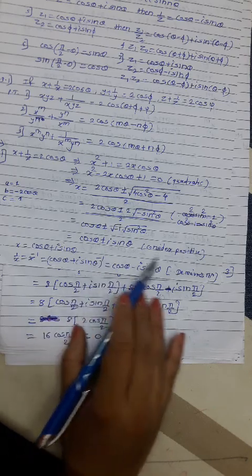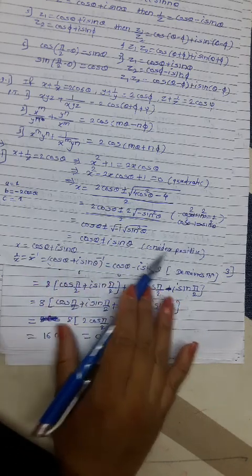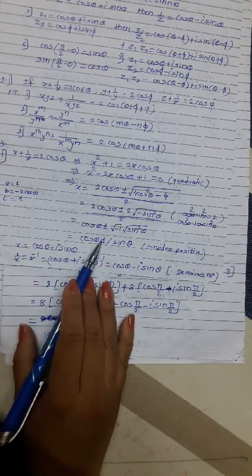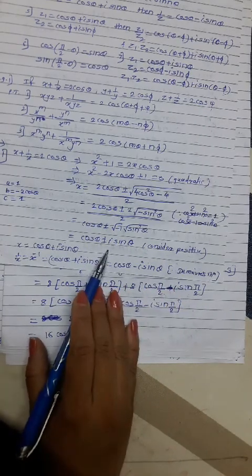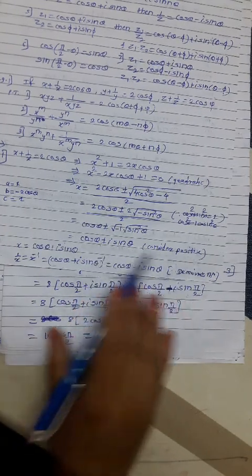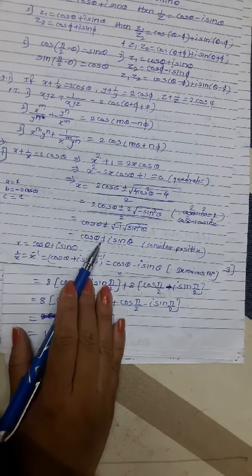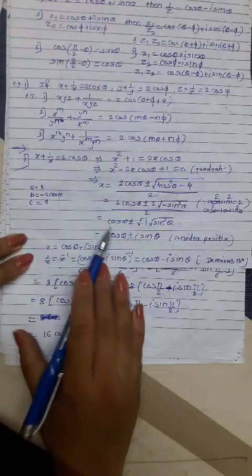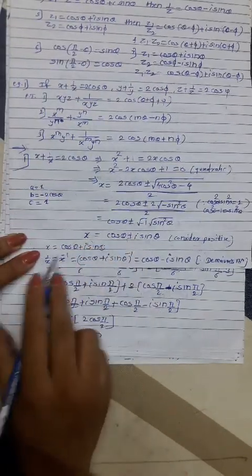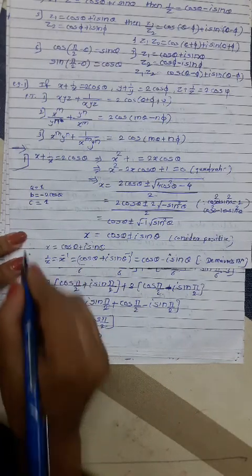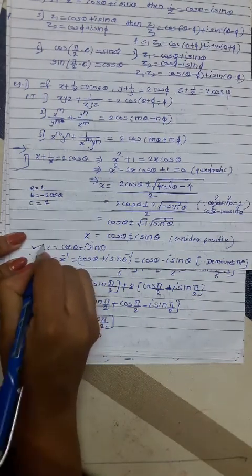For convenience, we take the positive sign. You can take the negative sign also, but for convenience, take the positive sign. Therefore, x becomes cos theta plus i sin theta. We have to find x, and we just found that.